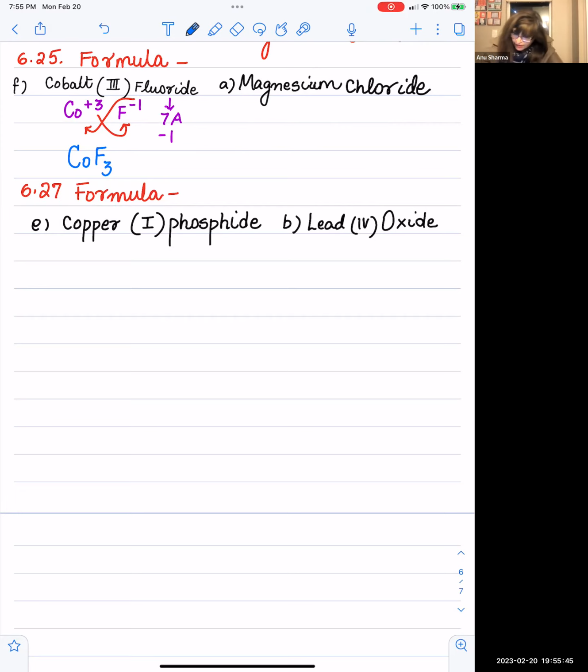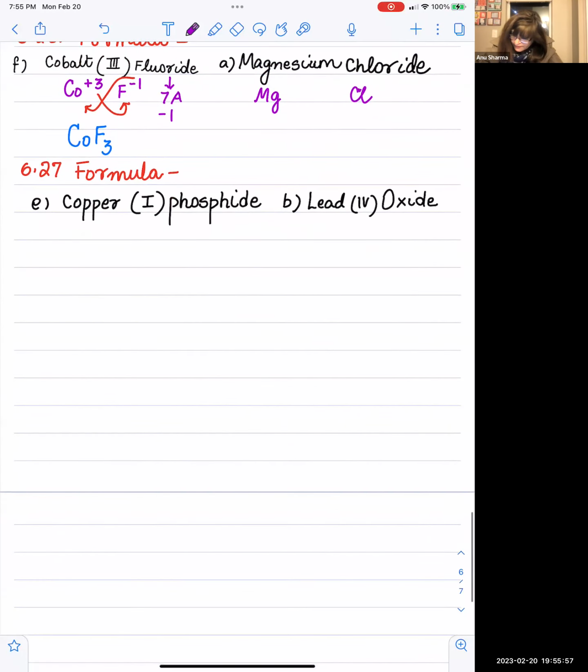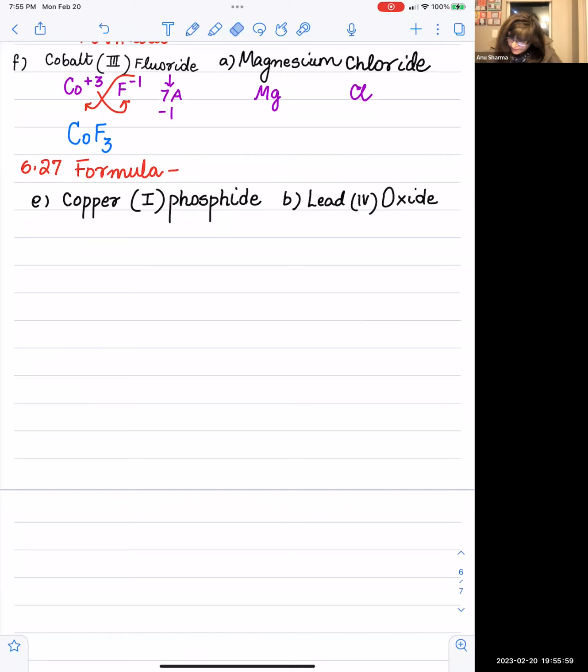Next is magnesium chloride. So magnesium formula is Mg. Chloride is Cl. Chloride is in group 7A, so the charge is -1. Magnesium is group 2A, so this charge is +2 and this charge is -1.